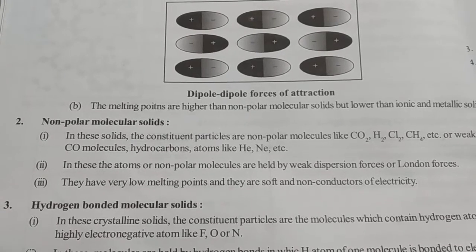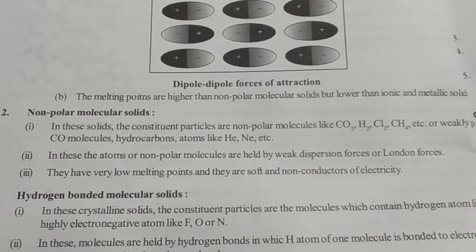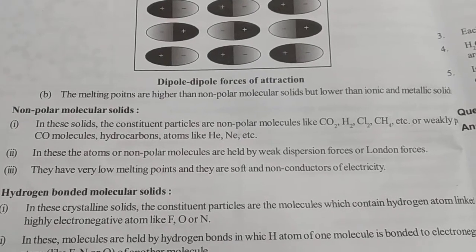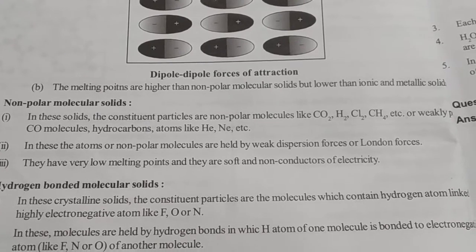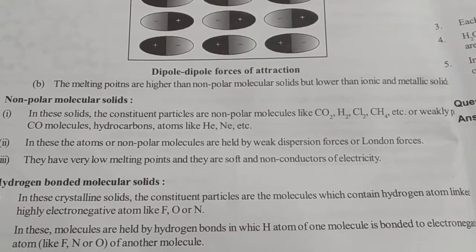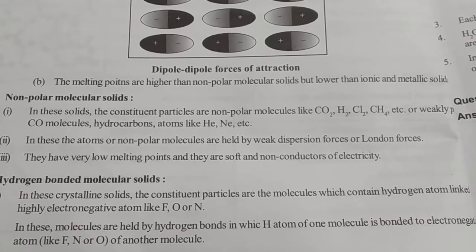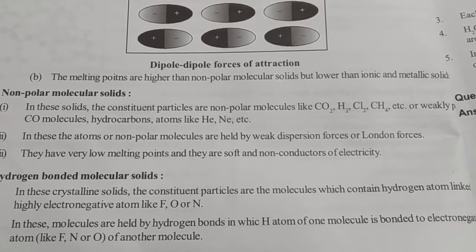Next, the second type in molecular solids is non-polar molecular solids. In this solid, the constituent particles are non-polar molecules like CO2, H2, Cl2, CH4, that is methane. There is very little electronegativity difference between these atoms, therefore they are known as non-polar.